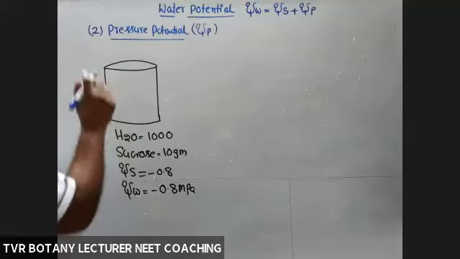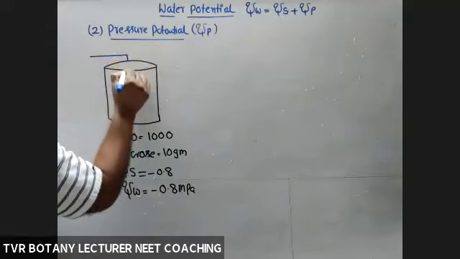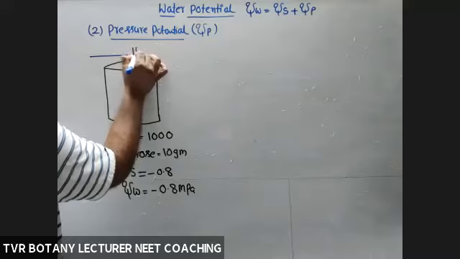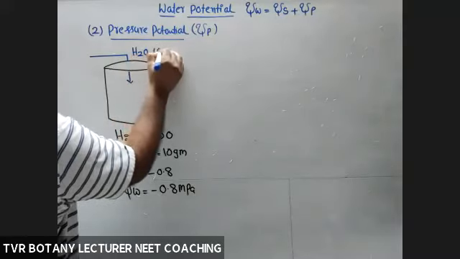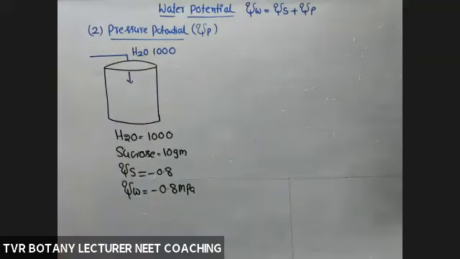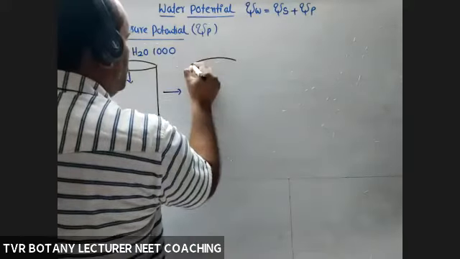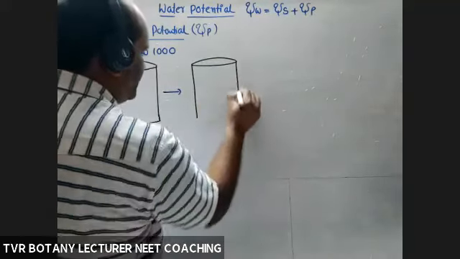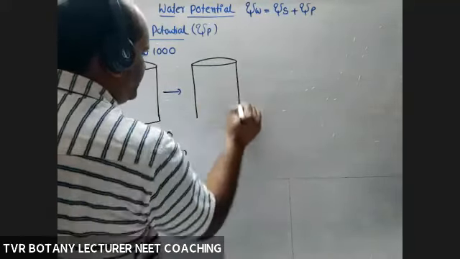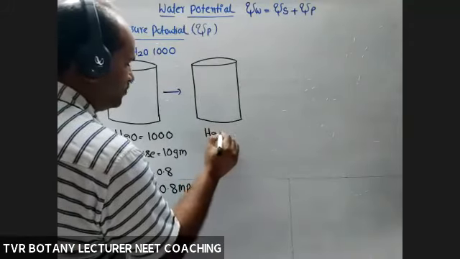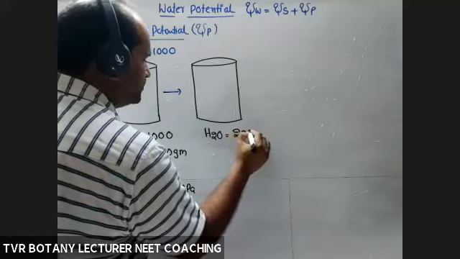Now this beaker is added with, again, 1000 H2O molecules, for example only. After the addition of 1000 H2O molecules, what about the total number of water molecules in the sucrose solution? 2000 H2O molecules.